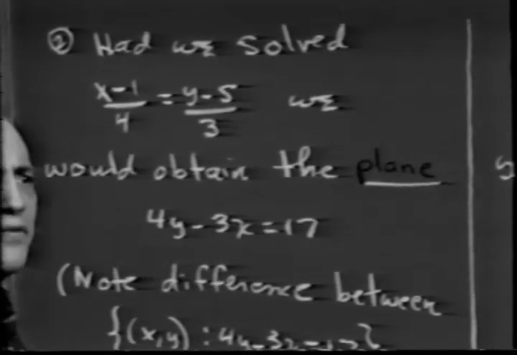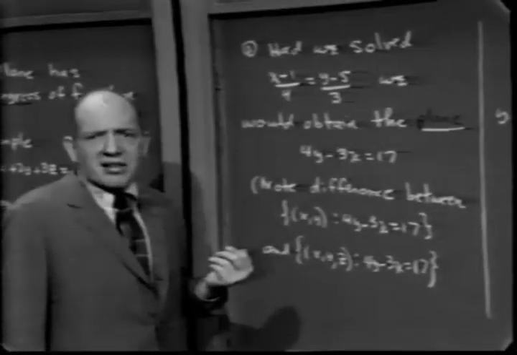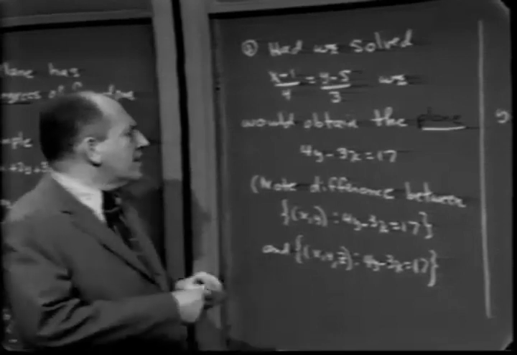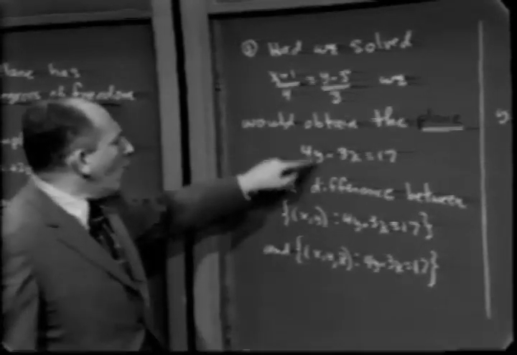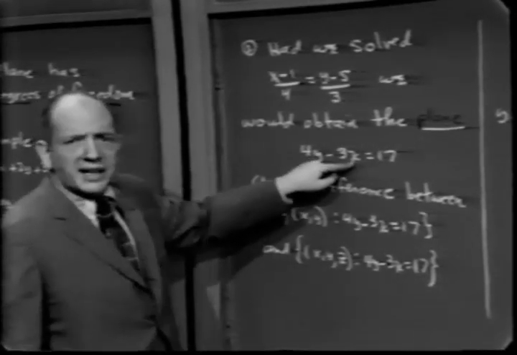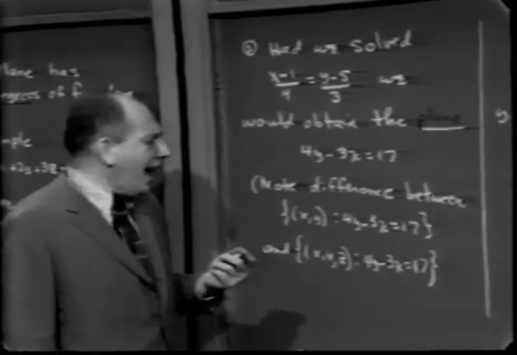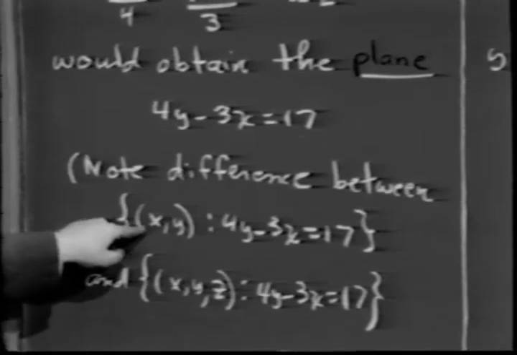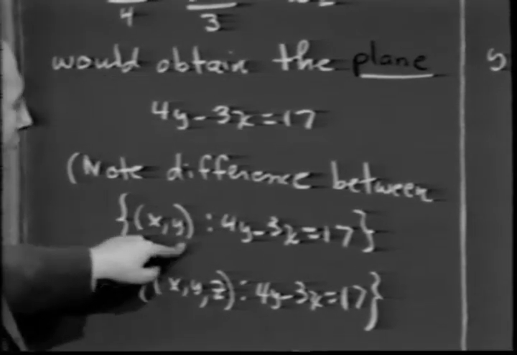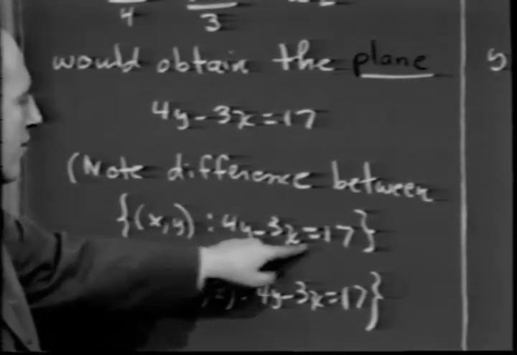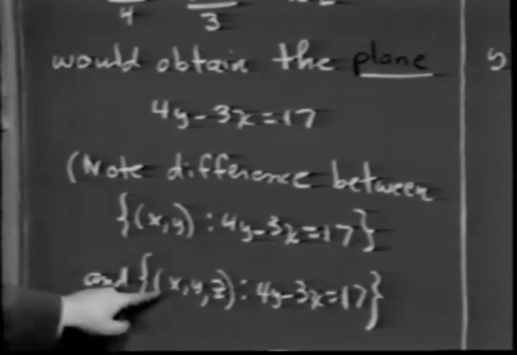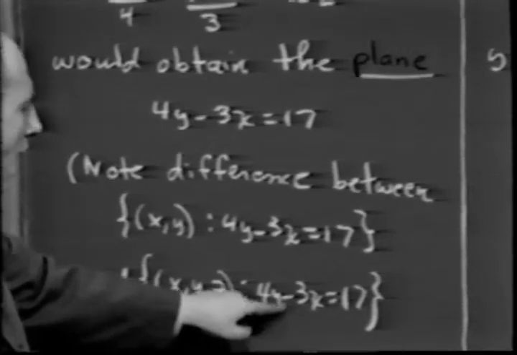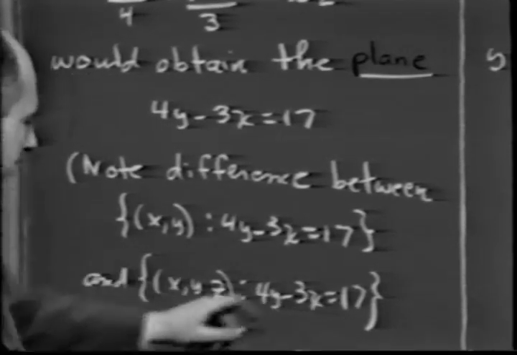By the way, again, if you go back to part 1 of this course, where we stress sets, the language of sets comes to our rescue very nicely. The difference between whether 4y minus 3x equals 17 is a plane or whether it's a line hinges on whether we're talking about the set of pairs (x, y) such that 4y minus 3x equals 17, or whether we're talking about the set of triplets (x, y, z) such that 4y minus 3x equals 17.